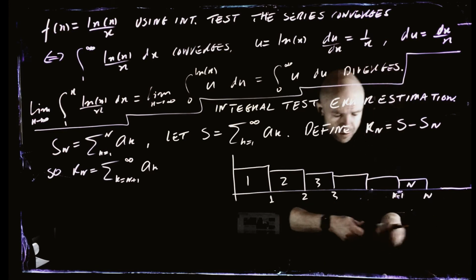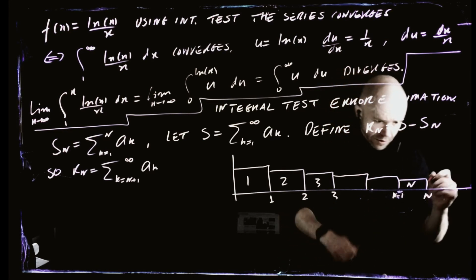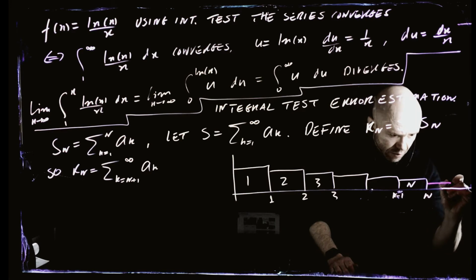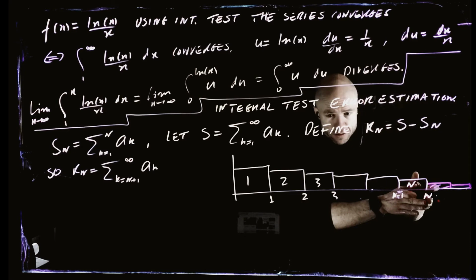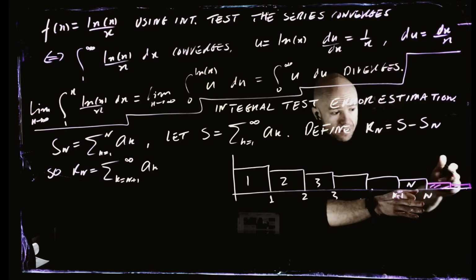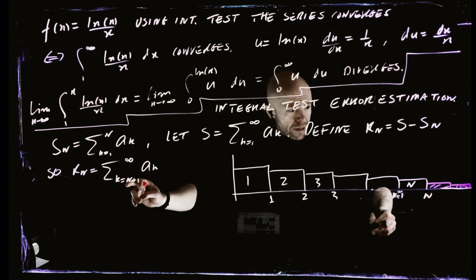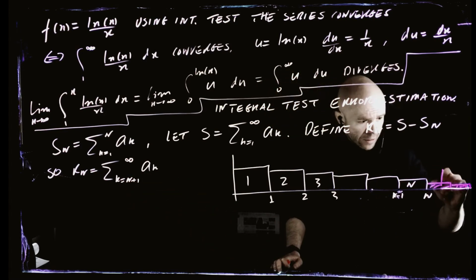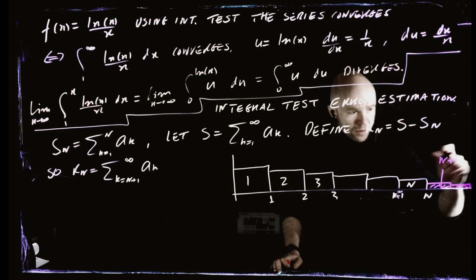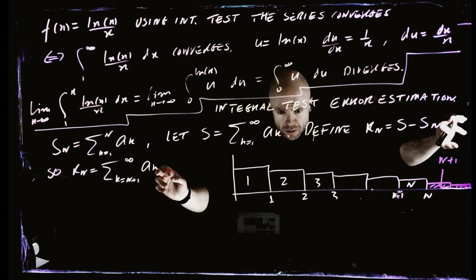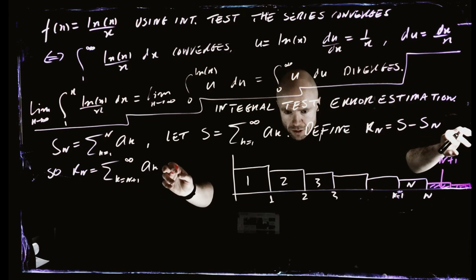And then all the other guys, I'm going to do in red here, are these guys here. So all the guys to the right of this number, capital N, these are the Rn, the sum from n plus 1 onwards. So this is the (n plus 1)th block right here, and we sum all of these guys onwards. Yeah? You see what I mean?